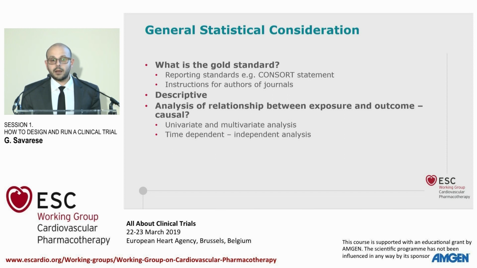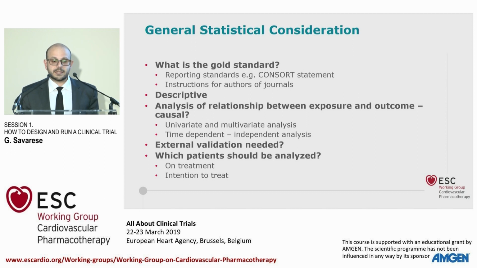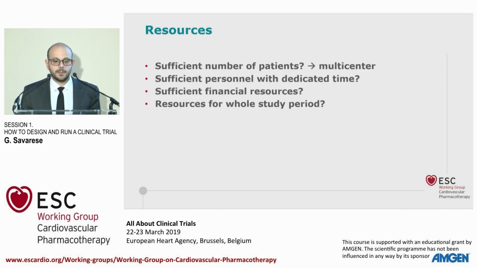And if we are dealing with outcomes like mortality, myocardial infarction, and so on, to use time-dependent or time-independent analysis. We will see this tomorrow. And then always consider whether external validation is needed, and whether a per-protocol rather than an intention-to-treat approach should be used in trials for analysis. Tomorrow we will talk again about this.